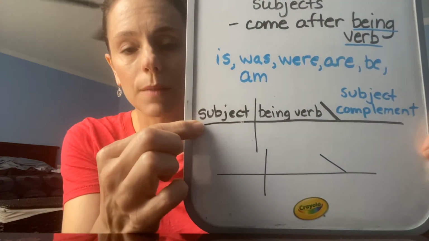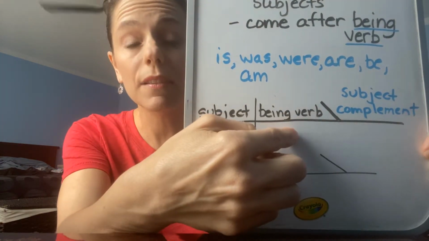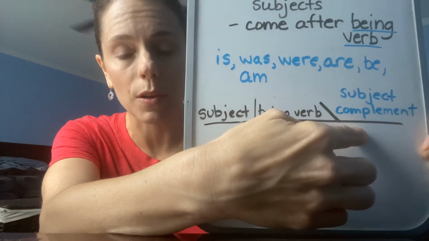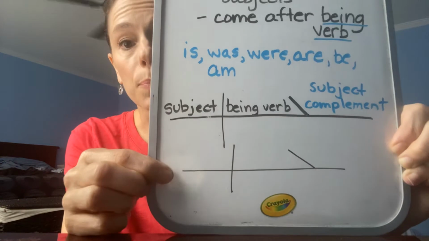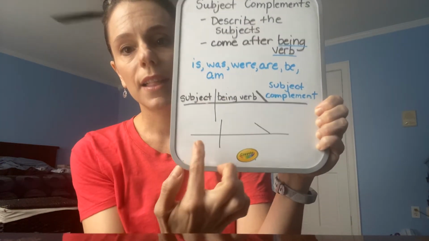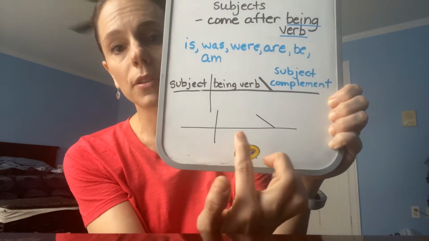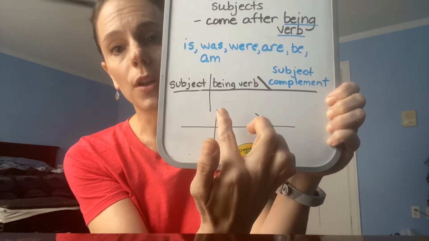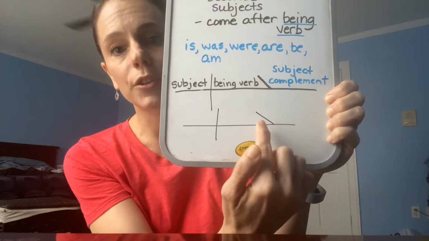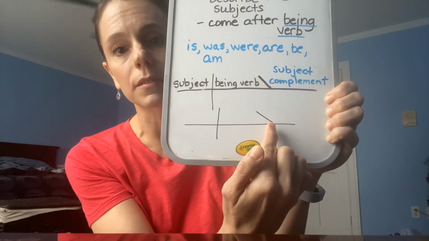So you've got your subject, your being verb, which is your predicate, and then your subject complement. In your sentences today, make your line longer, put one through between the subject and the being verb, and then put the diagonal one at the end.